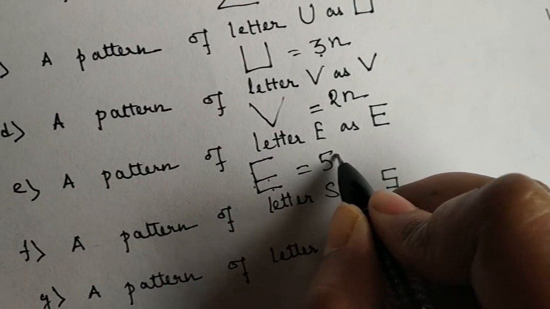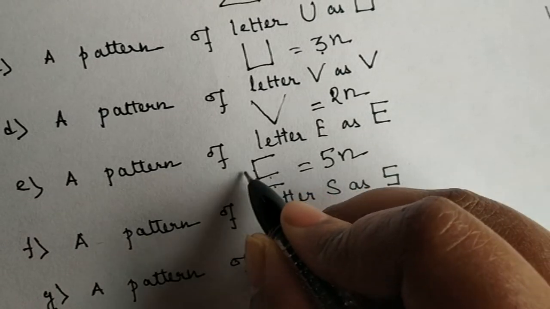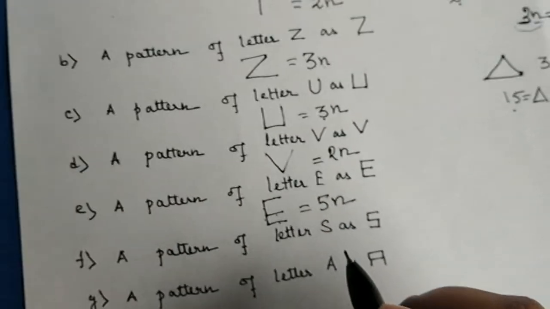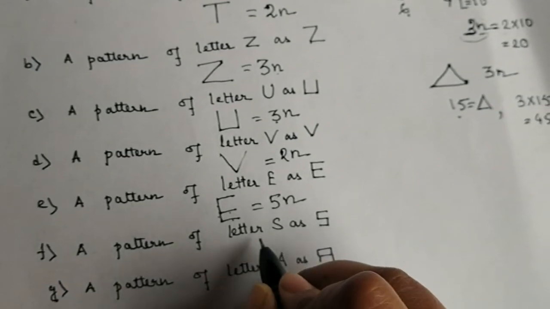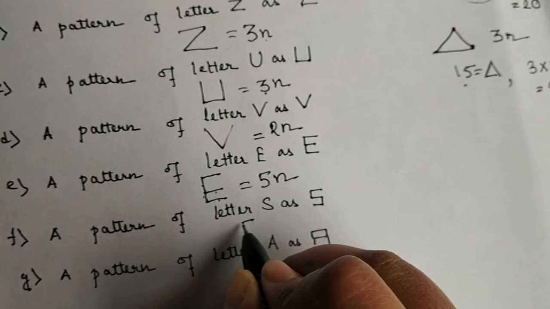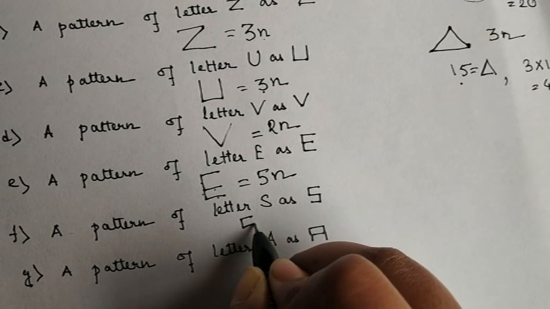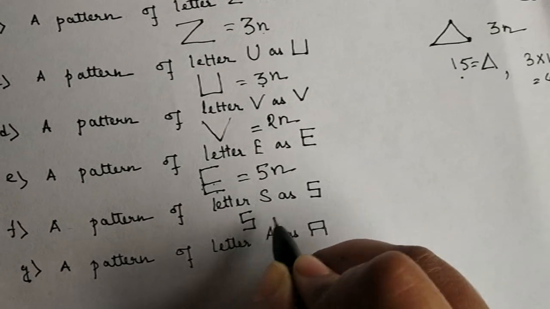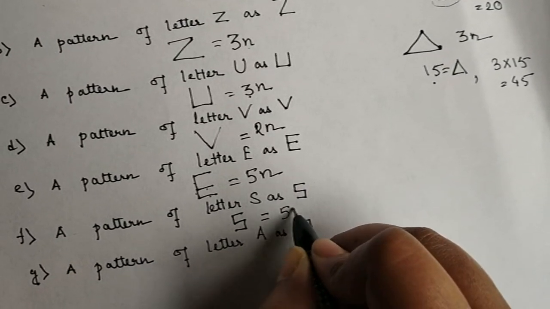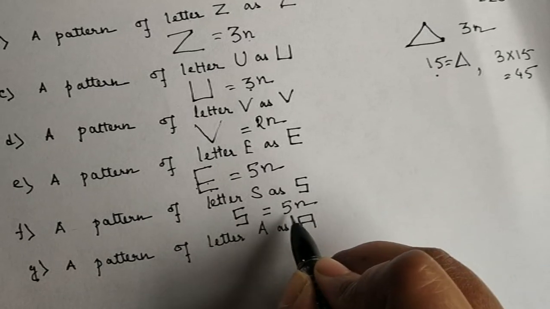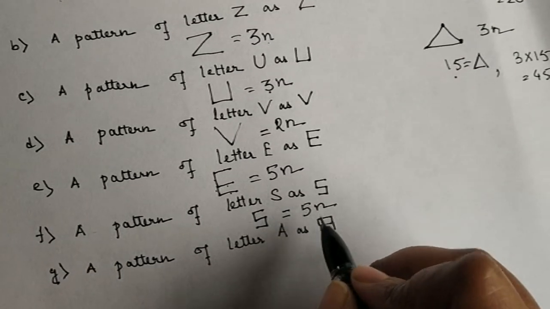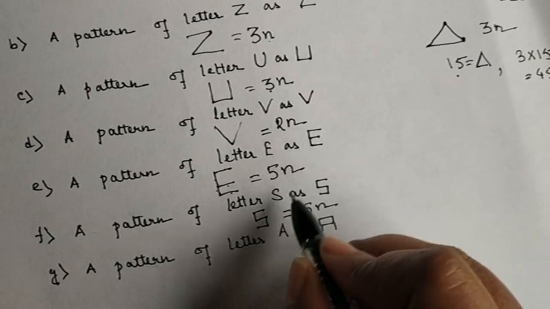So it will be 5 into n. 5 is the number of mastics in one alphabet and n is the number of E. Now in the next one we have S. In this S, 1, 2, 3, 4, 5. Total 5 mastics are used to form S. So it will be 5 into n. 5 is the number of mastics in one alphabet and n is the number of S we have.